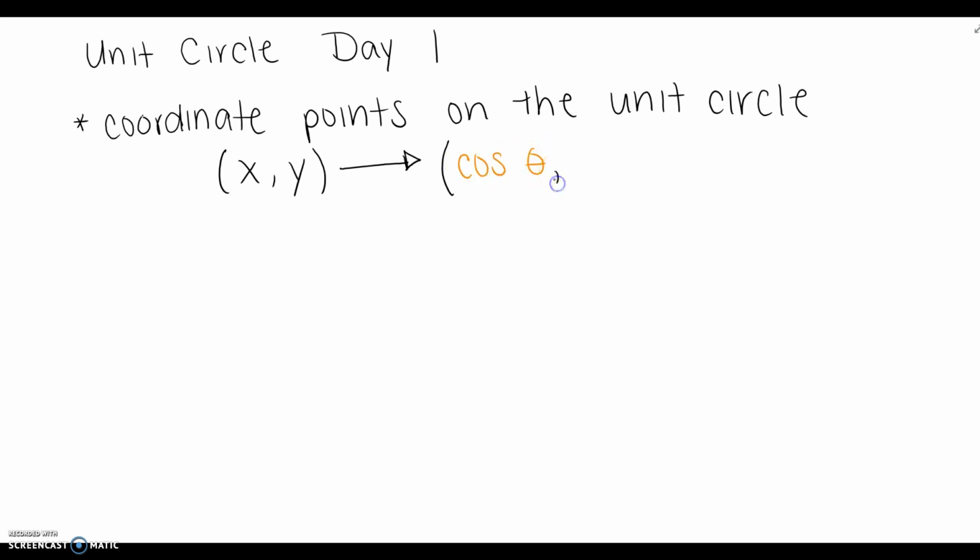So the x distance is the same as cosine theta. The y distance is the same as sine of theta. So this is y, cosine is x.